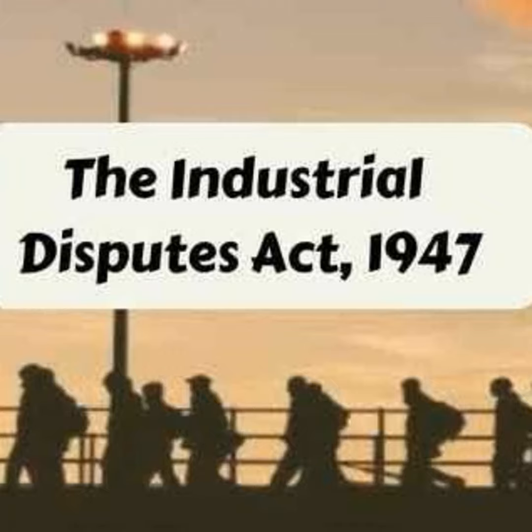So these are the 4 conditions that must be fulfilled for voluntary reference that is discussed under Section 10A. An arbitration agreement is necessary for the application of Section 10A. Such agreement shall be signed by the parties thereto. A copy of such agreement shall be forwarded to the appropriate government and the conciliation officer.